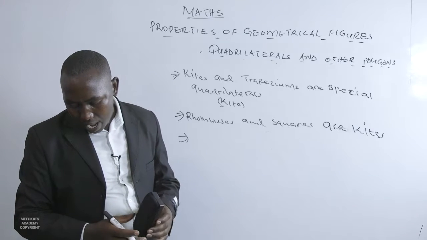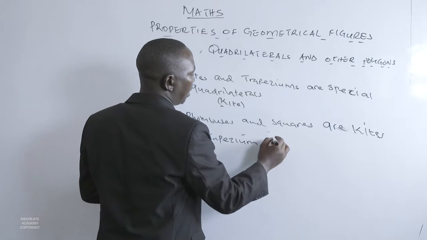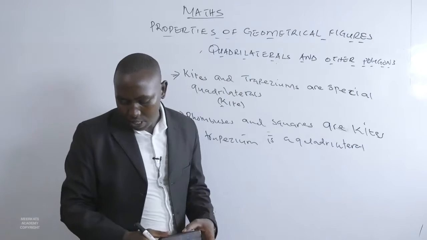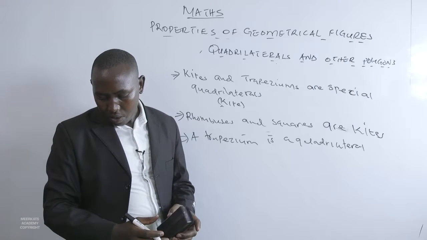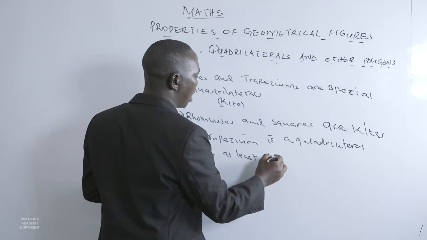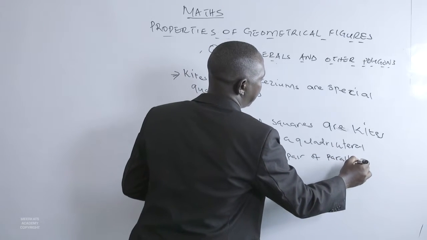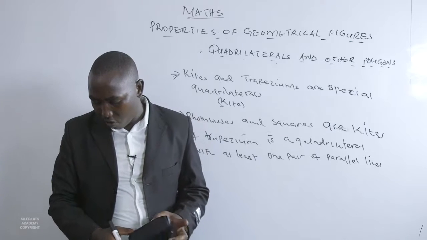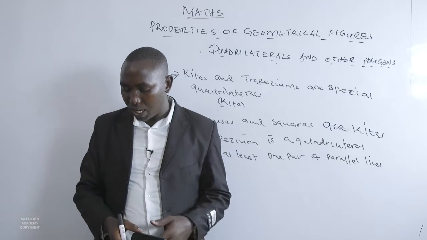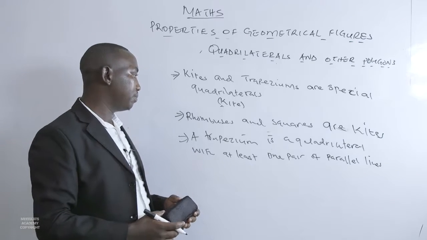Then finally, a trapezium is a quadrilateral with at least one pair of parallel lines, as we were able to see, and therefore parallelograms will include rhombuses, rectangles, squares, and even the trapezia.